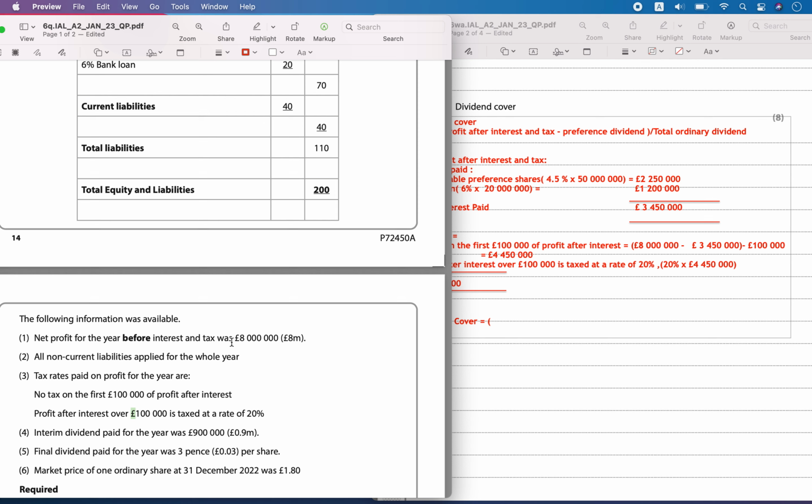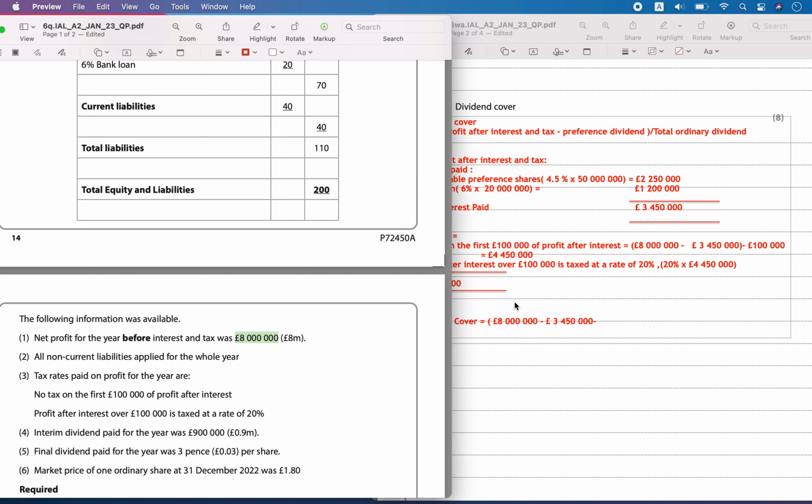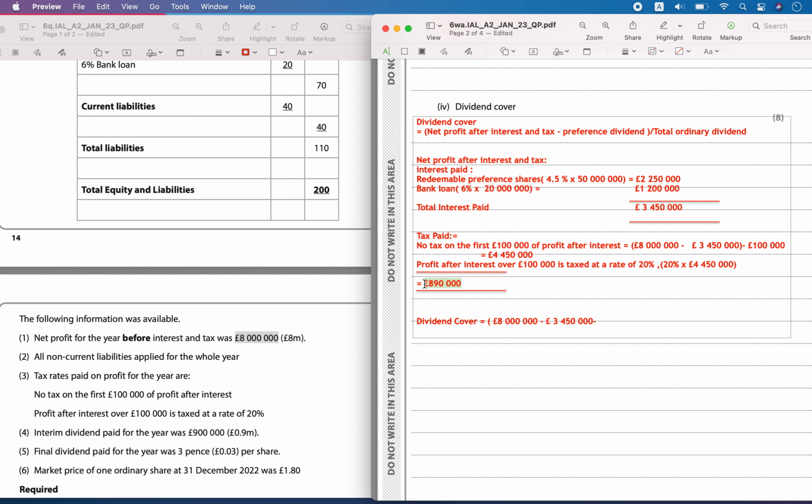So take the net profit before the interest and tax, minus the total interest of 3,450,000, minus the tax paid of 890,000.